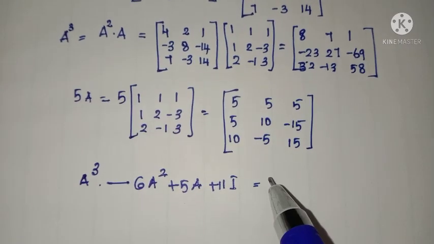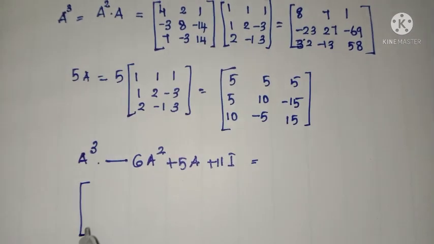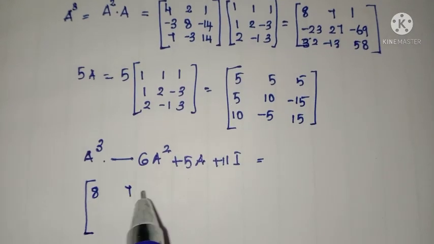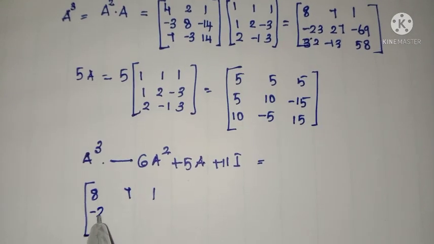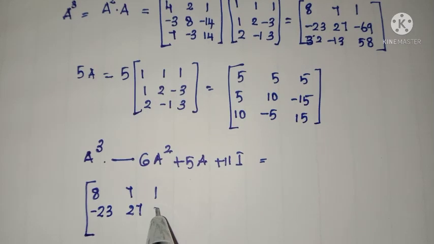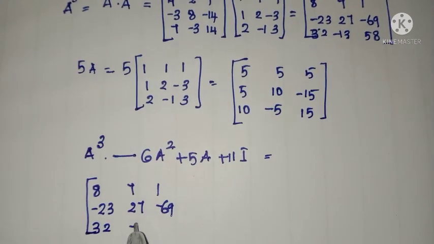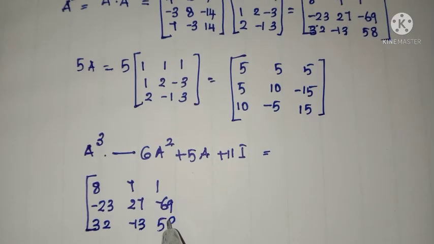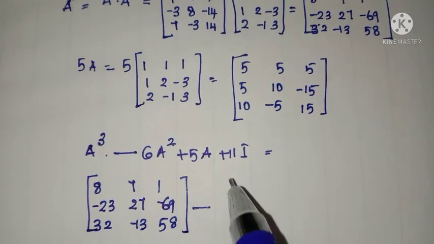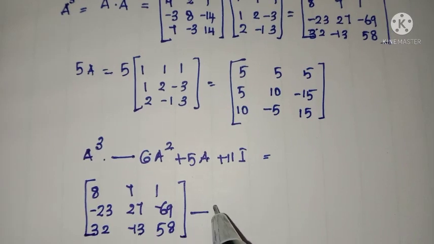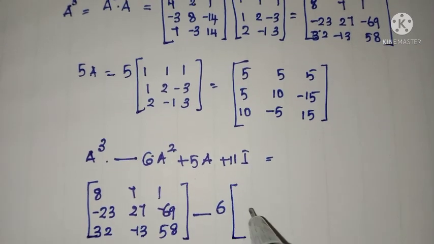Replace all these matrices. We can see A cube is 8 7 1, minus 23 27 minus 69, 32 minus 13 58, minus 6A square. 6 into A square.